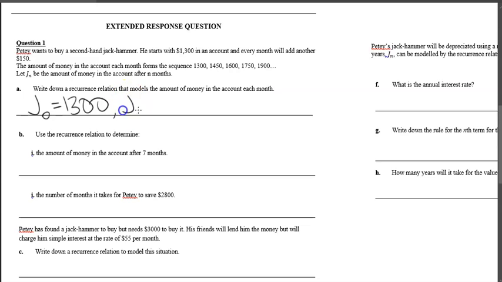We then write what J of N plus 1 is equal to, and this is just J of N, so to get the next term, we take the previous term and add 150. We're adding 150 because he's putting $150 into the account, so it's accumulating money.